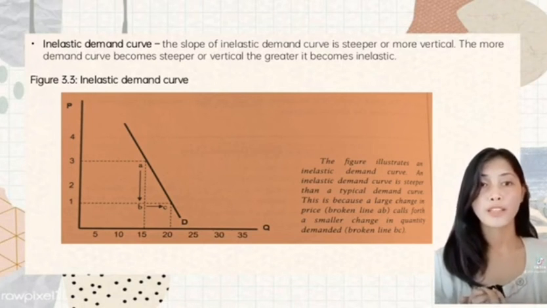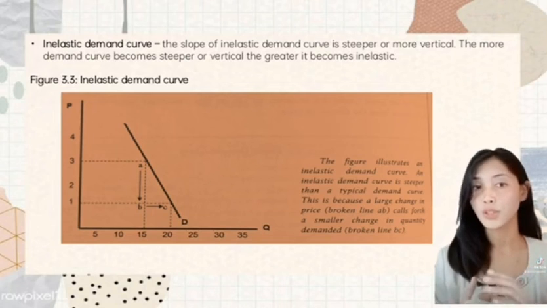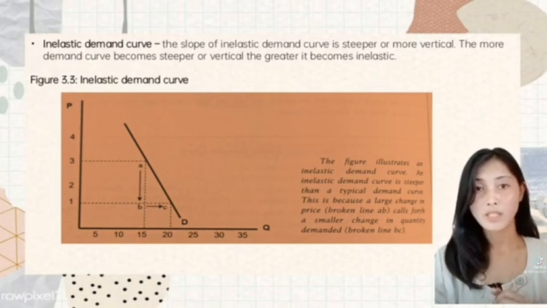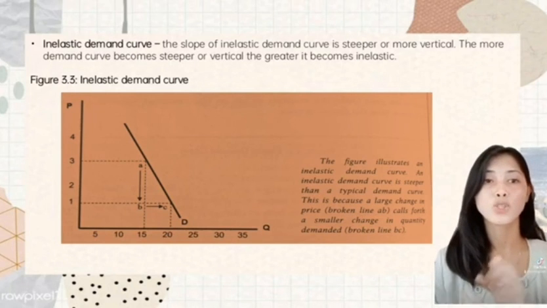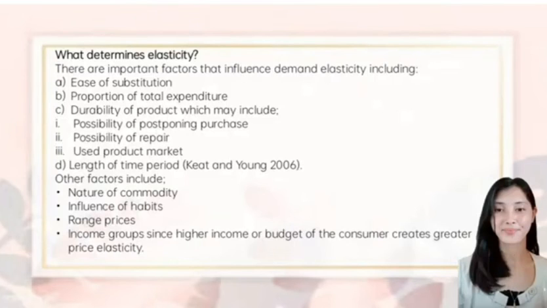We can observe that the broken line A to B is longer than the broken line B to C, implying that fewer quantities of a good are purchased even when there is a large change in the price of the good. Under this situation, we can say that the consumer's response in buying a good is less than the change in price.